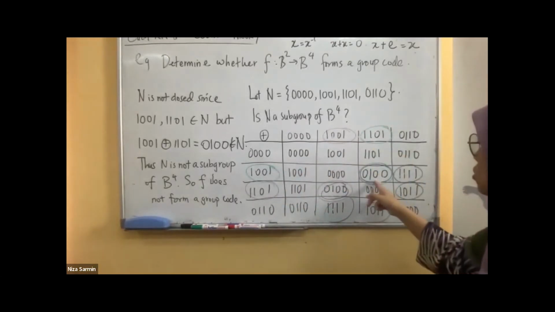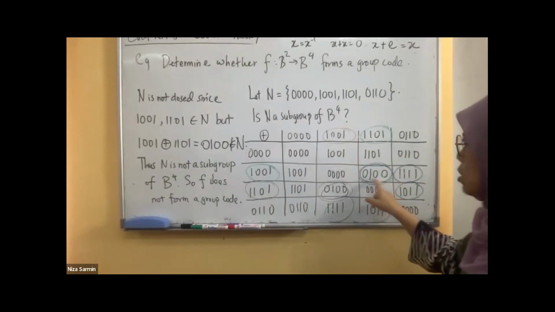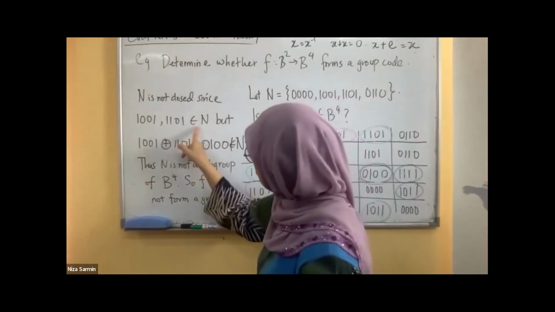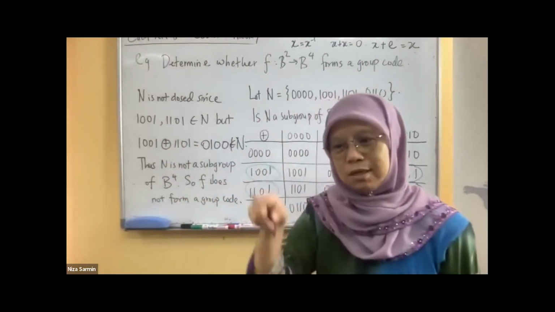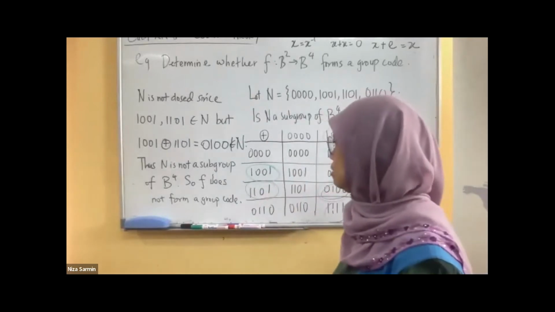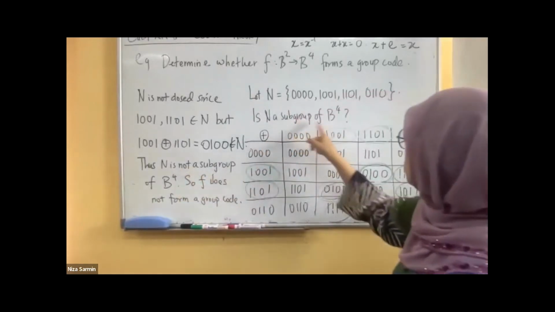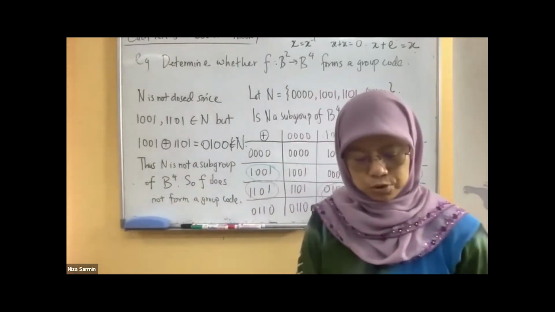So I just pick this one, this and that, to show that they are in N, but when you add, they're outside. Remember the circle? So it's outside, so it's not closed for N. Thus N is not a subgroup, so F does not form a group code.